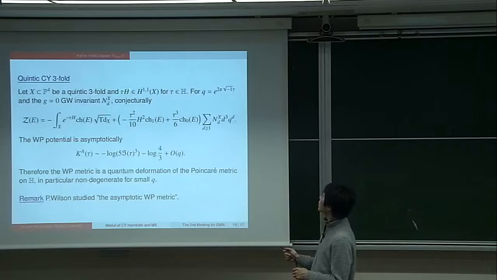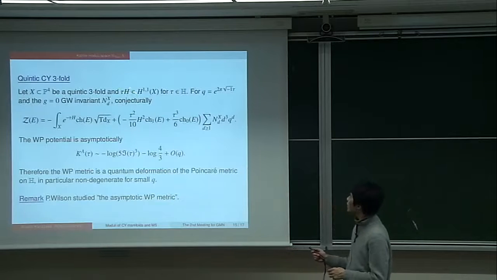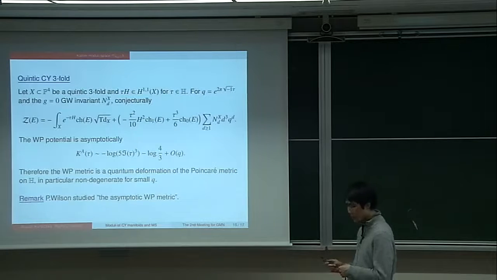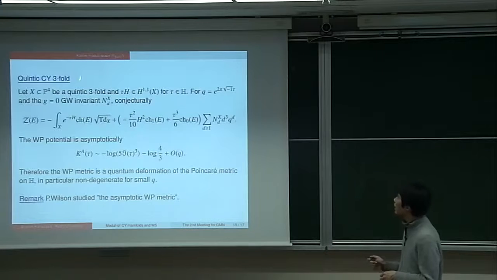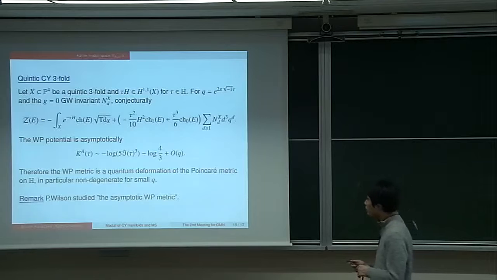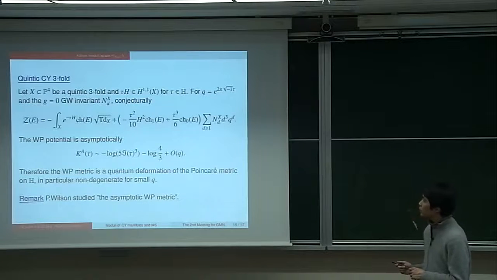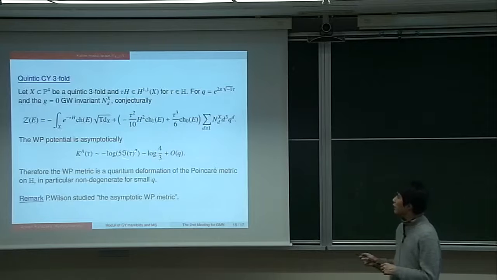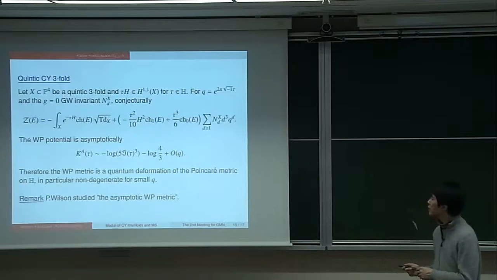We consider the complexified Kähler parameter tau h, where h is a polarization and tau is an element in the upper half space. Q is an exponential of that, and N is a Gromov-Witten invariant of X. Then the central charge is given by this. And if you compute the potential, you get this, asymptotically, in this form.